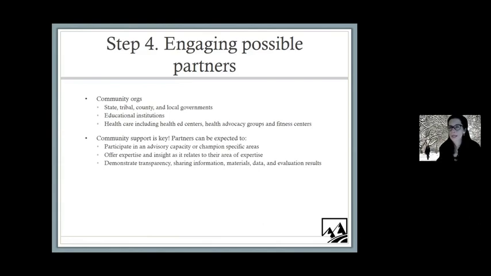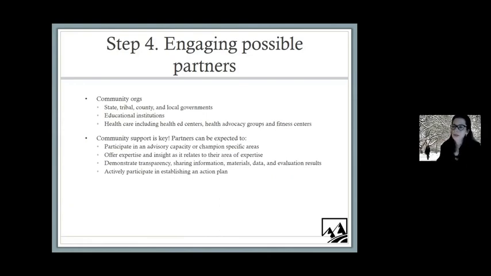Having stakeholders in the community is a demonstration of transparency. It is also a demonstration that you're committed to sharing information, and any materials that you develop or data that you collect or evaluation results that you generate can be shared with, or should be shared with, stakeholders or partners. And by doing so, it's trust building and rapport building. And so that's always a good thing.